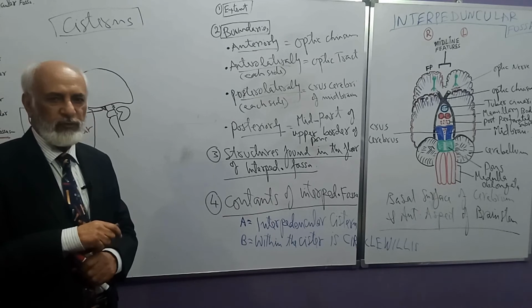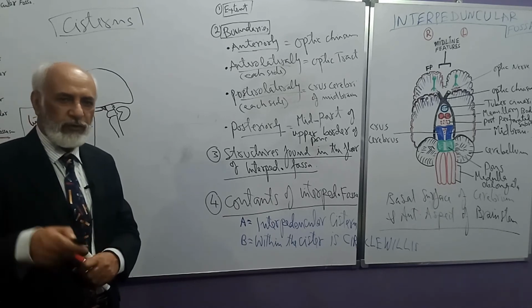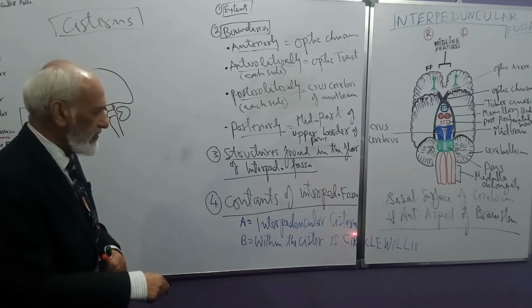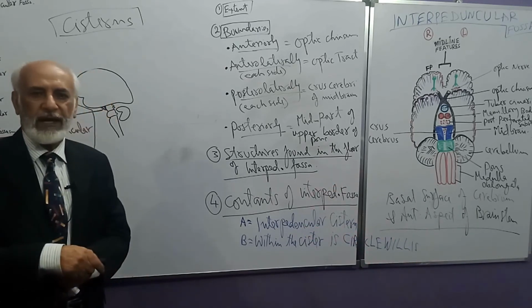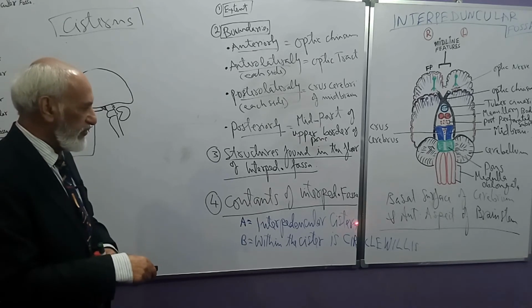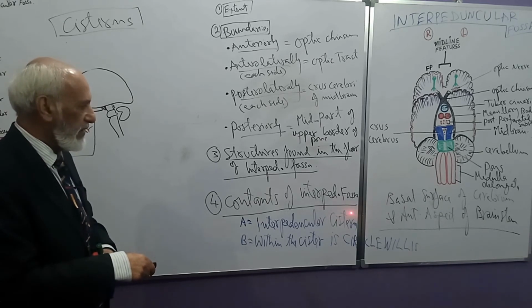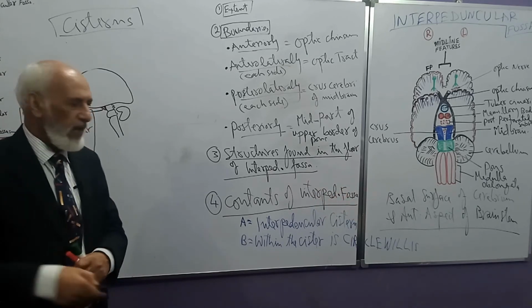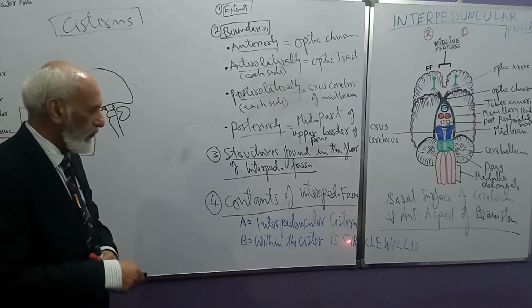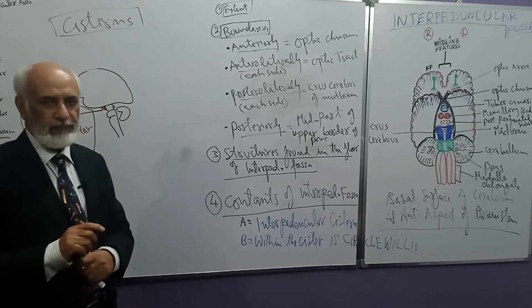CSF, cerebrospinal fluid. And the structure which floats in the CSF within the cistern is circle of Willis, an arterial anastomosis. So there is a cistern in the region of interpeduncular fossa, and within this cistern, floating in the cerebrospinal fluid, is the circle of Willis.